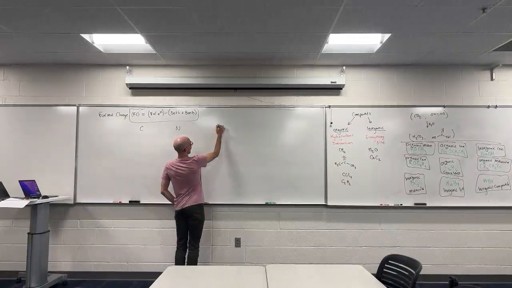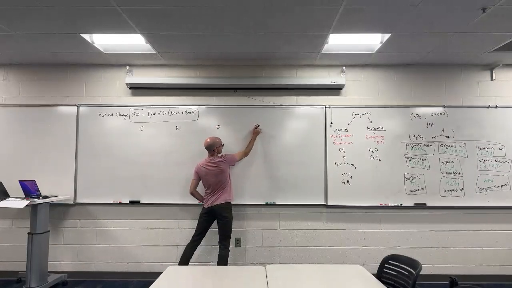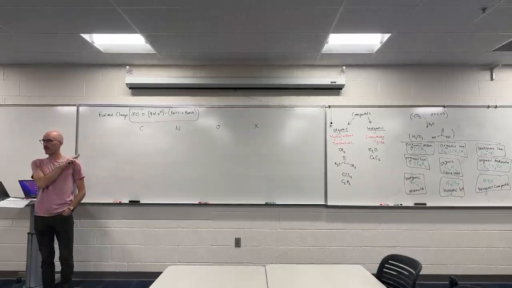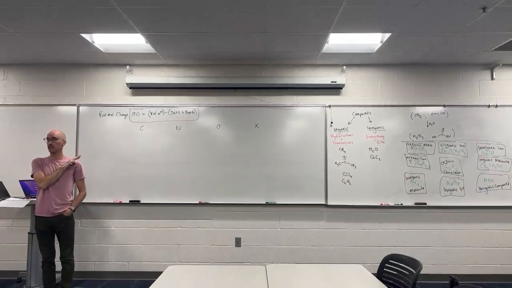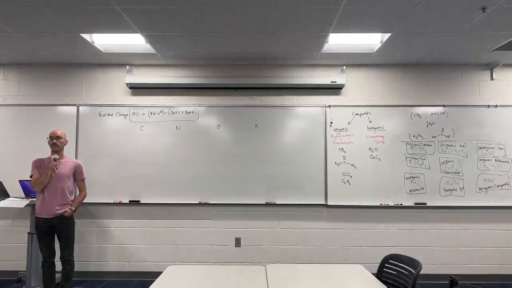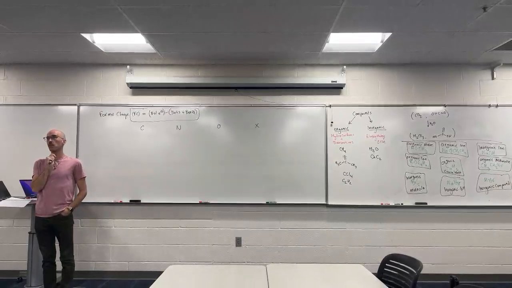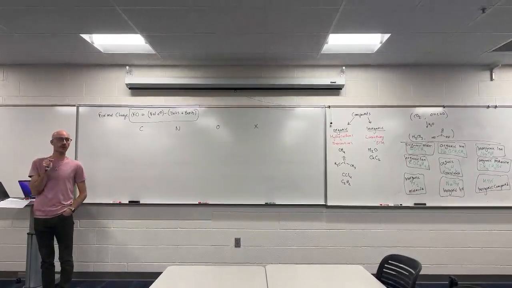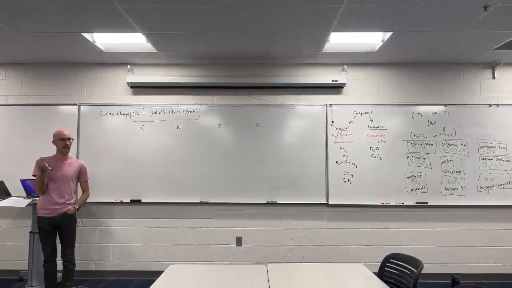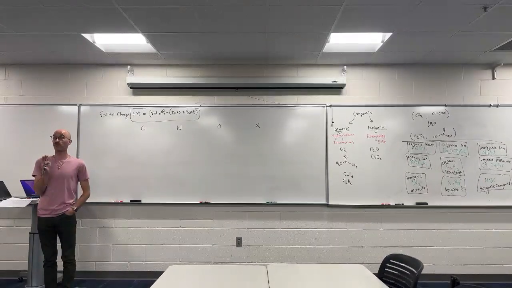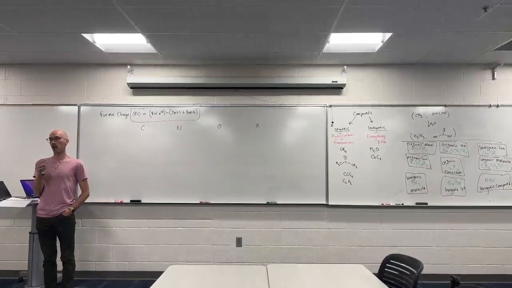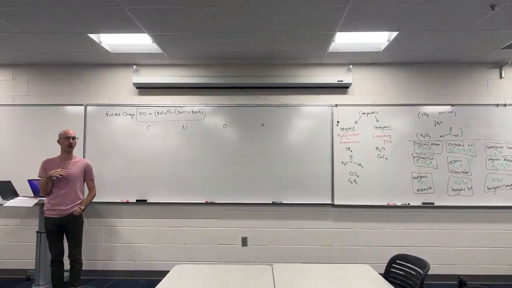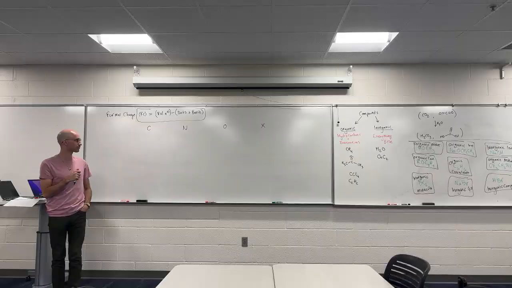Along the top, we're going to have some of our key players this semester. Carbon, nitrogen, oxygen. X represents halogens. So if you want to pick a specific halogen, the most common ones we'll use are chlorine, bromine, and sometimes iodine. Carbon-fluorine bonds are very strong, hard to break, so it's rare that we will explore fluorine as a halogen.